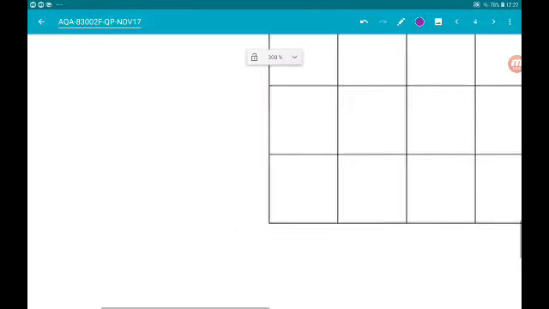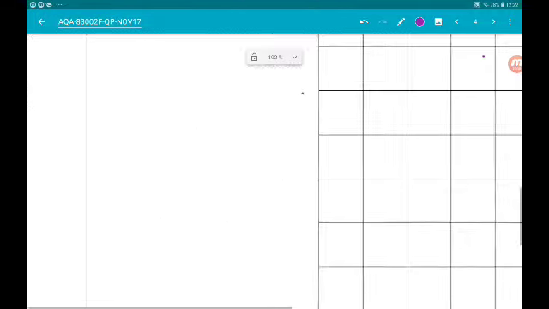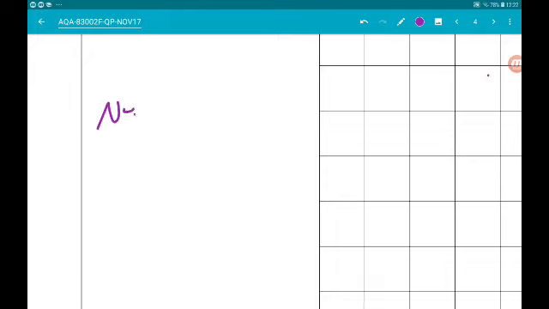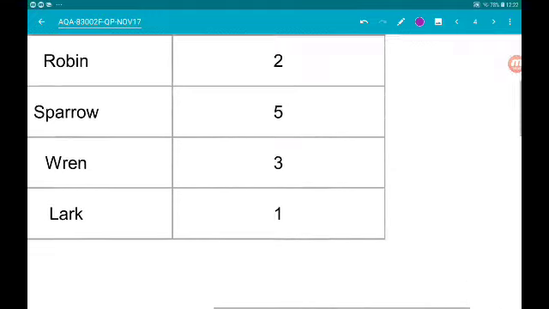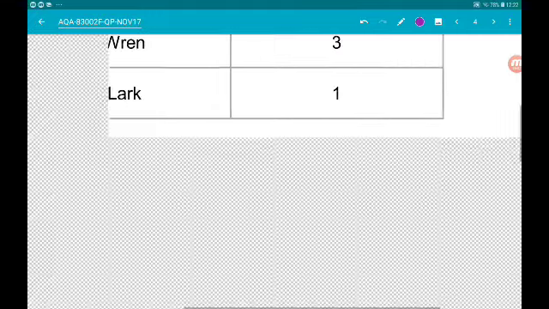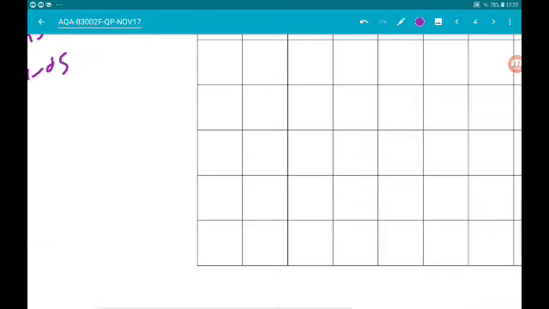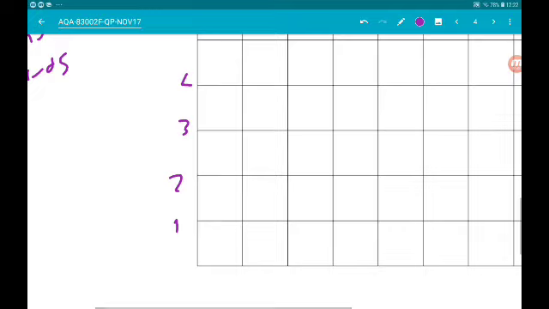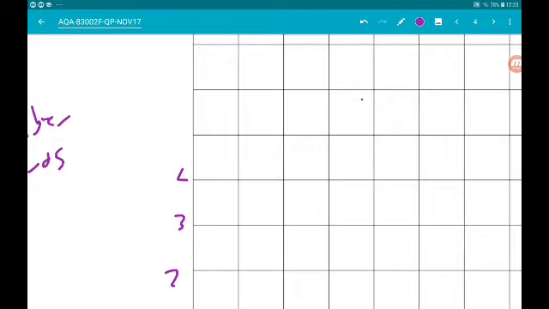Now, the side, we need a scale. So up here, we're going to have number of birds. Now the highest number is 5, so we can have a nice, easy scale. 1, 2, 3, 4, 5.